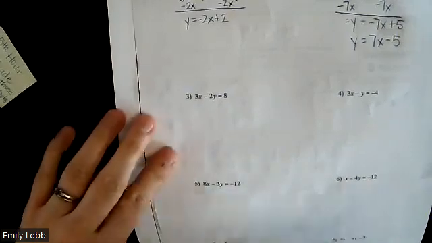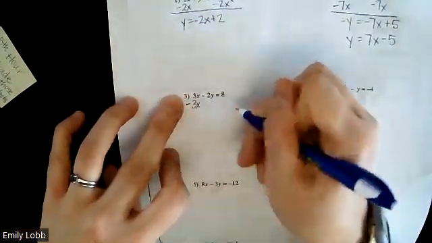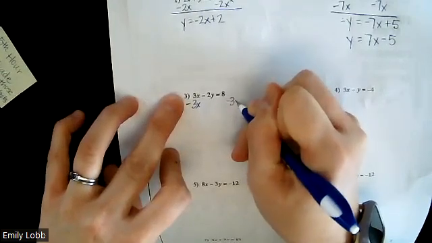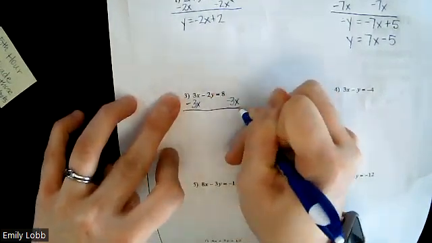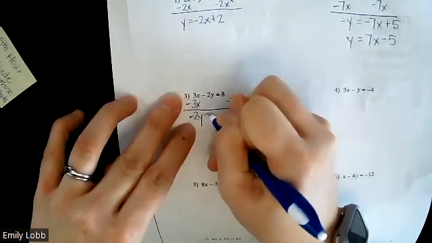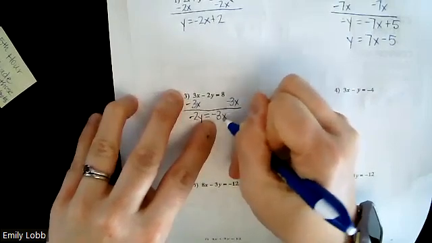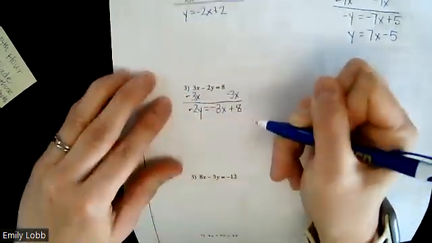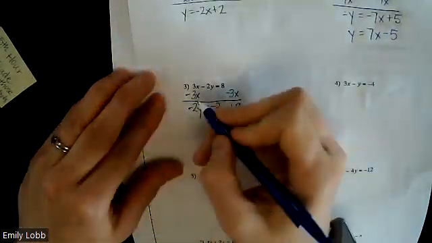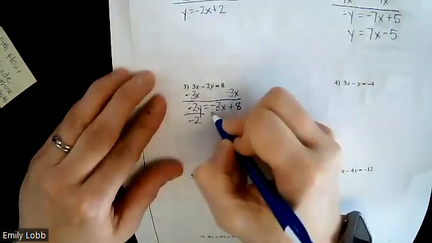All right, so we are subtracting 3x from both sides. So we've got negative 2y on the left, and then this negative 3x plus 8. Then we have to divide everything by that negative 2.